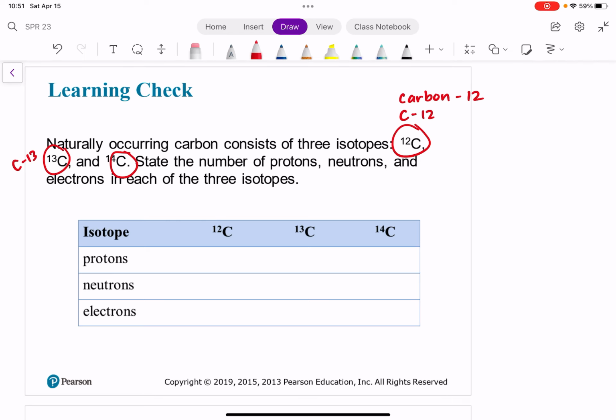That's really common as well. Any of these represent an isotope of carbon with a mass number of 12. State the number of protons, neutrons, and electrons in each of these 3 isotopes. Pause the video, try it out.